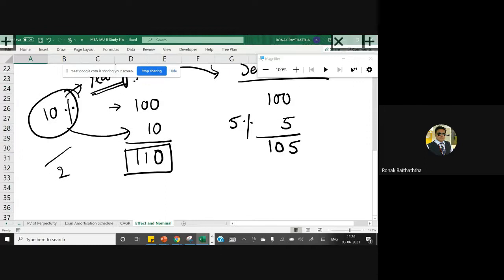Now there is a second half of the year as well, right? On which as well you get the 5% of the return. But that 5% will be on 105. It will not be on 100. That is what the compounding is, right? Interest on interest. So 5% of 105 would be 5.25.